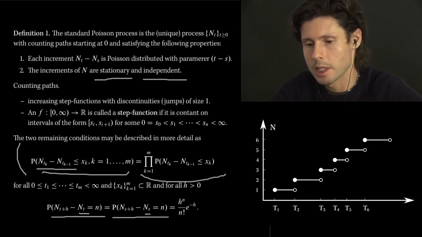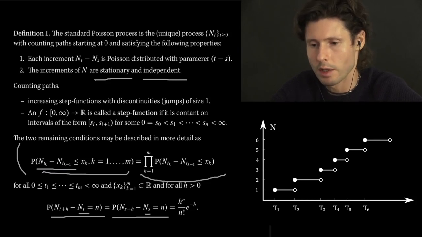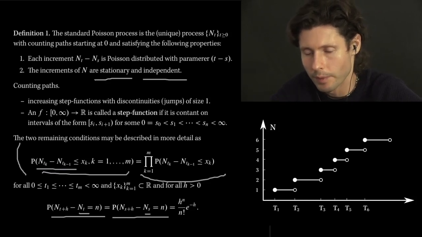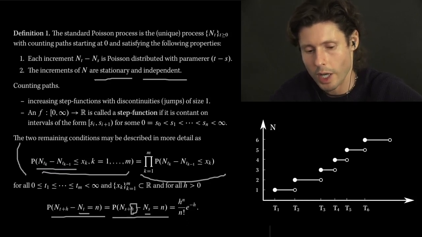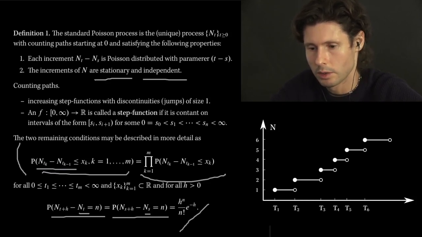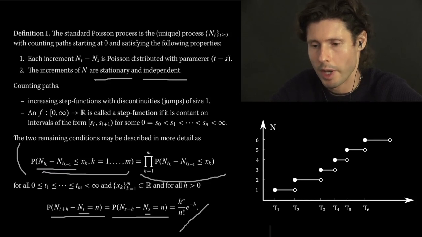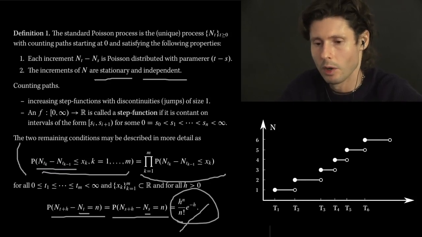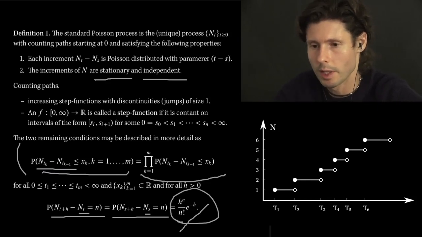The probabilities involved don't change based on the starting point. They change only as a function of the duration of the increment. So h here is the duration of the increment, and you can see that the probabilities assigned to these increments don't depend on the starting time. So this quantity here doesn't depend on s, it doesn't depend on t, it only depends on the length of the increment. That's what it means for the increments to be stationary.